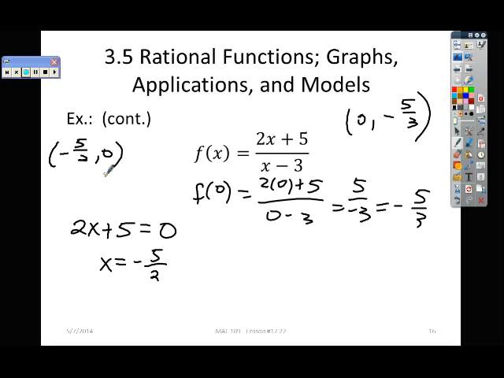And if I set the numerator equal to 0 and solve and get imaginary number answers, then it does not have any x-intercepts. So either no asymptote or no intercept.